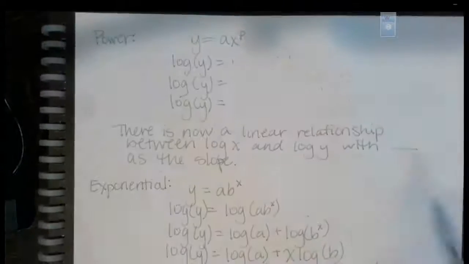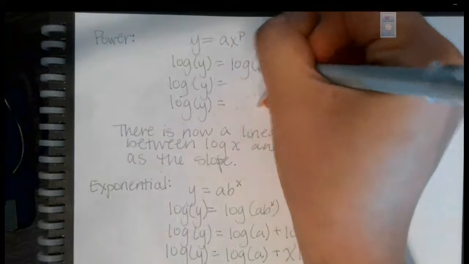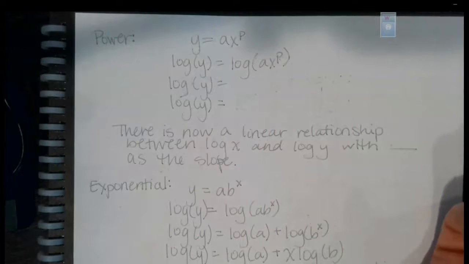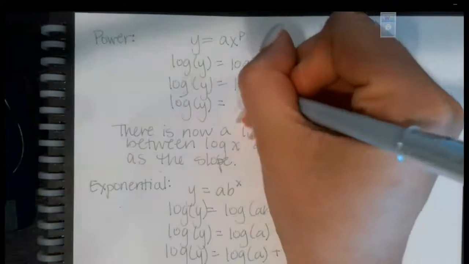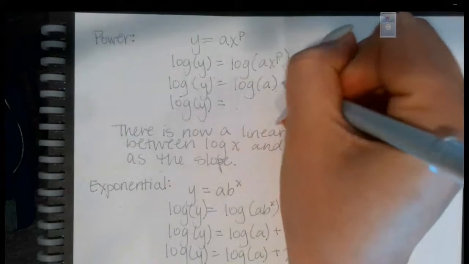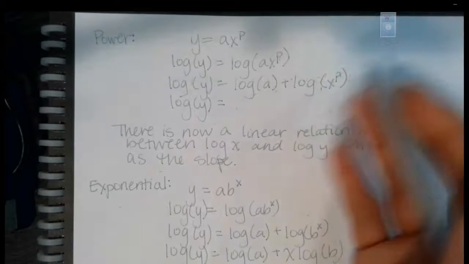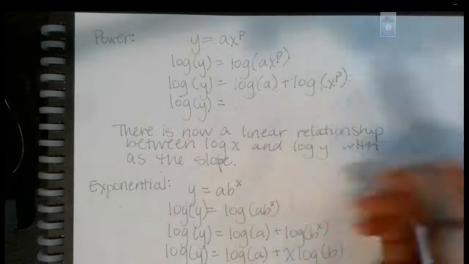Alright, so here's an example. If I take the log of y, and then I take the log of ax to the p power, I can use my rules for logarithms to simplify this. This would be the same thing as log of a plus log of x to the p, because remember that multiplication within the log is addition of the same base.